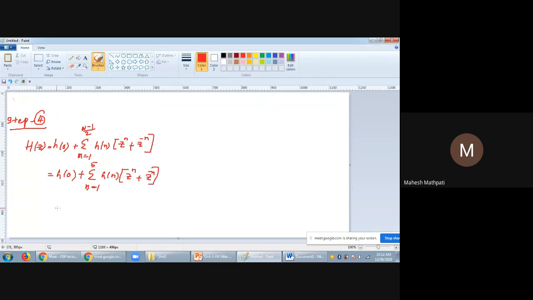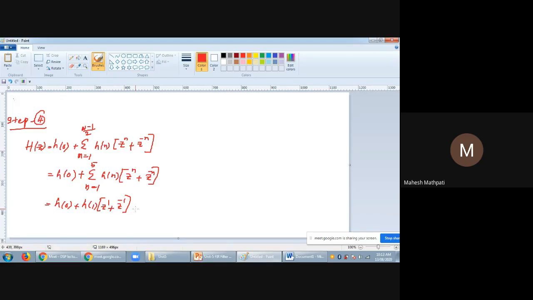Okay? This equals h of 0 plus, if we expand this, h of 1 multiplied with z power 1 plus z power minus 1. Correct?